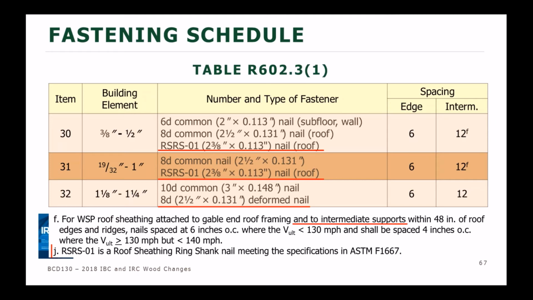But in hurricane-prone regions and Alaska and a few places in Hawaii, you're going to bring the spacing of the nails tighter to 4 inches on center rather than the typical 6 inches that you'll see nearly everywhere else within the IRC. So most of that was not a change. It's just the intermediate supports that are the change this time.